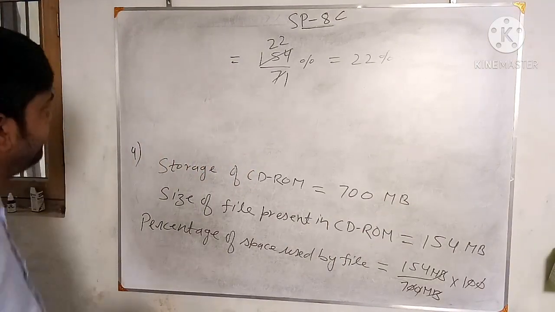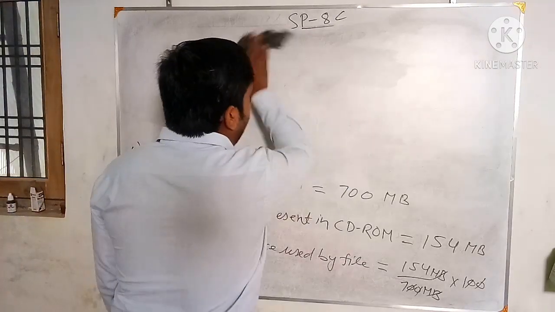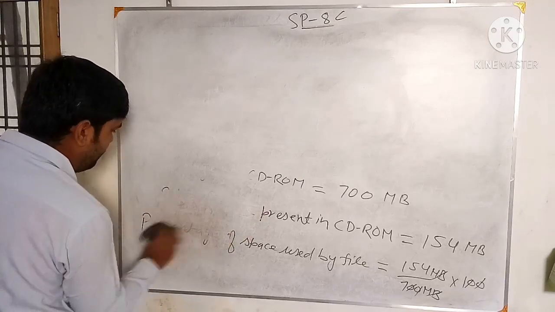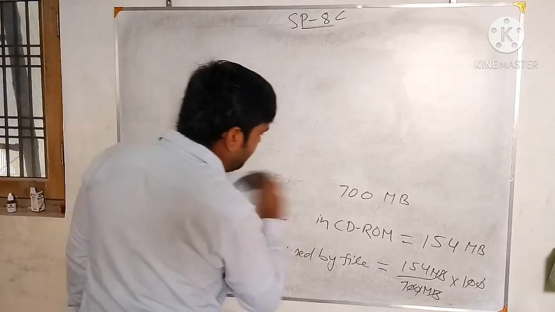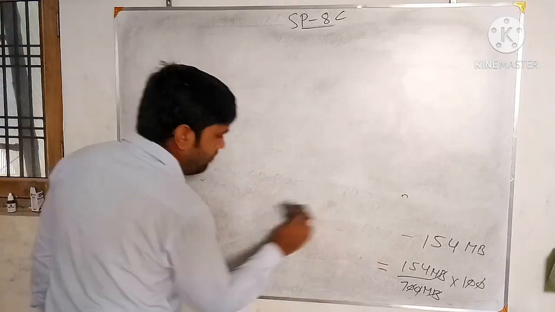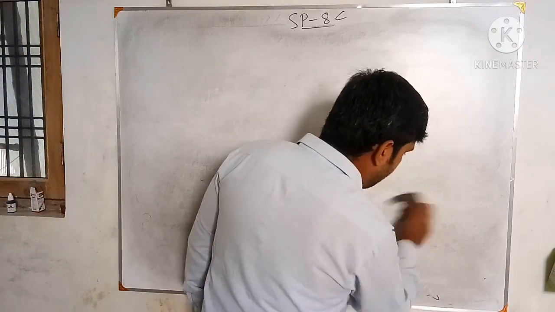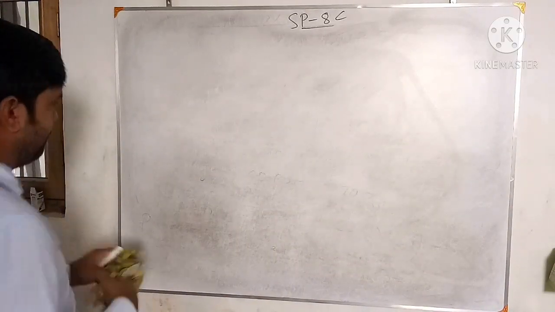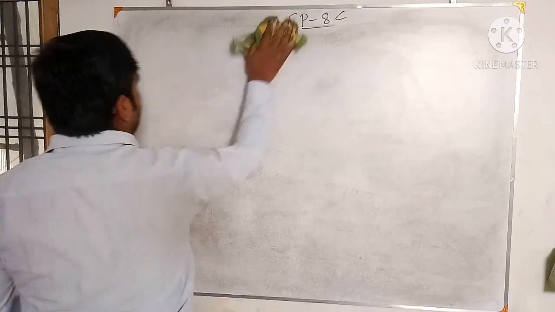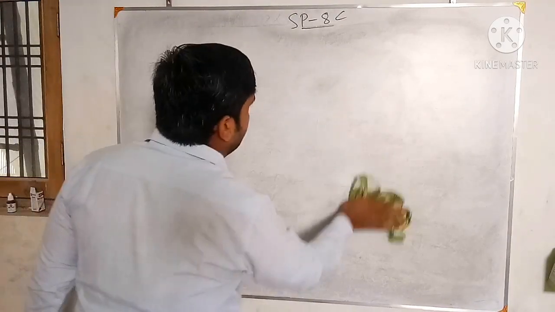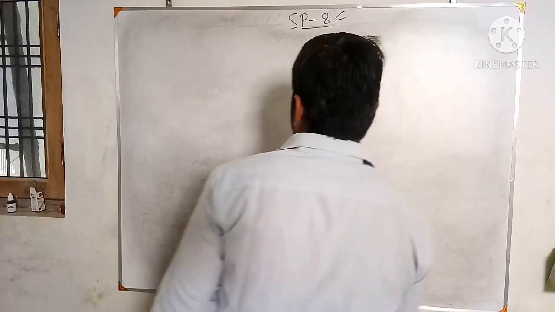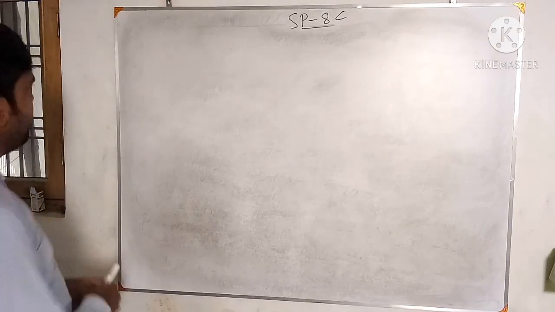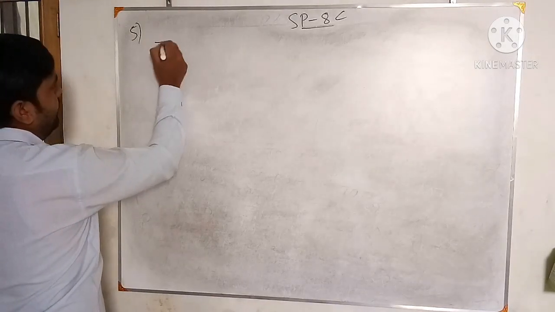See how you do it. Let me do that question also. Now see question number 5. Here, first write the total population.